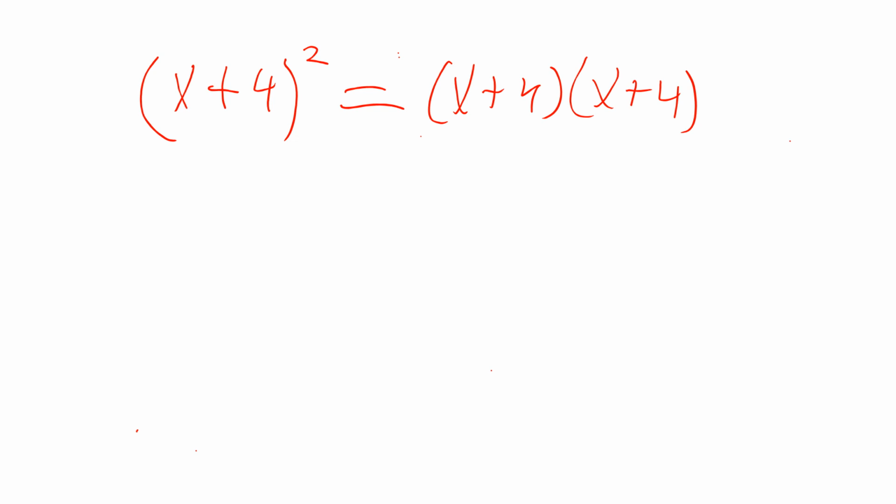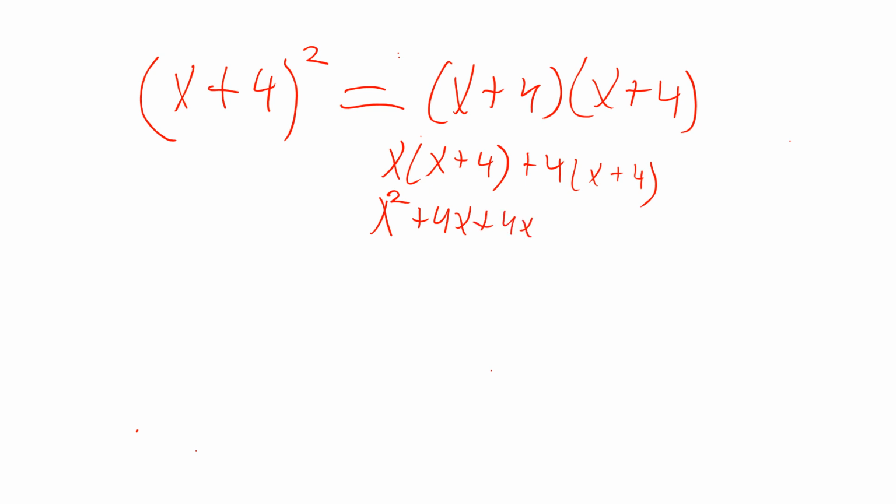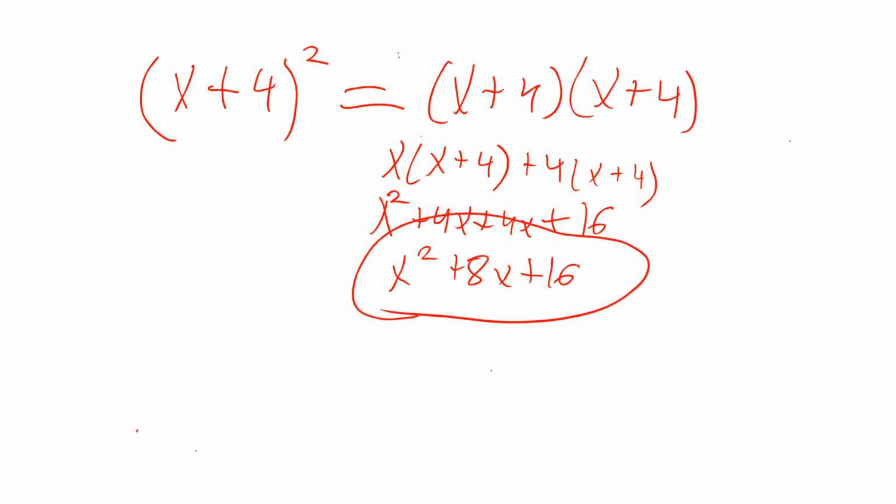So when we expand the product of two binomials, x is multiplied to everything here, so we have x plus 4, and 4. All I'm doing is expanding the product we have. x squared plus 4x plus 4x plus 4 times 4 is 16. x squared plus 8x plus 16 is the expanded version of this.